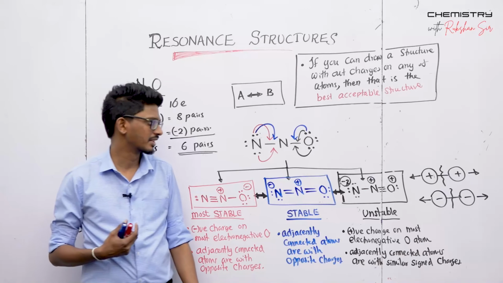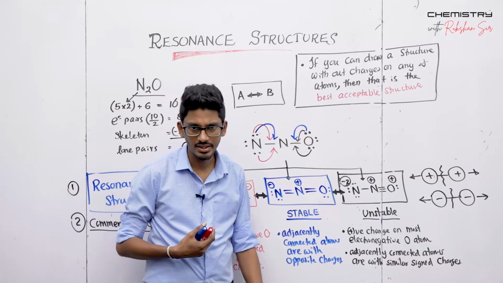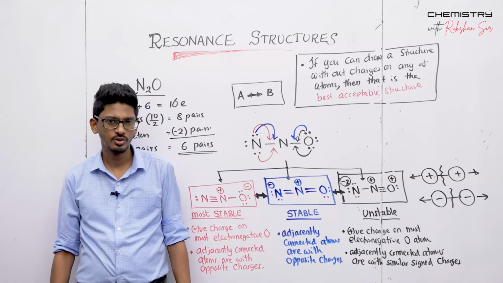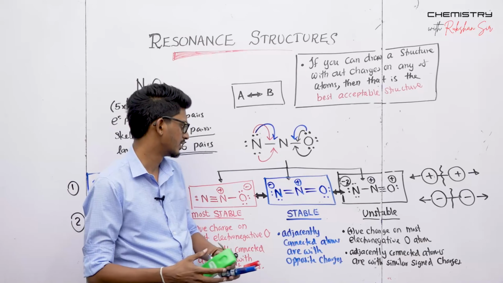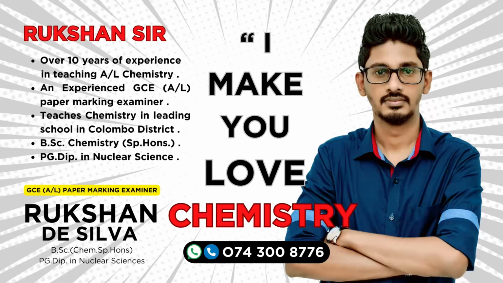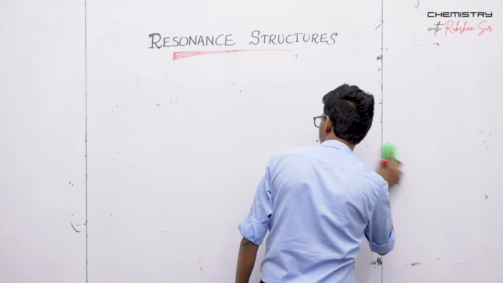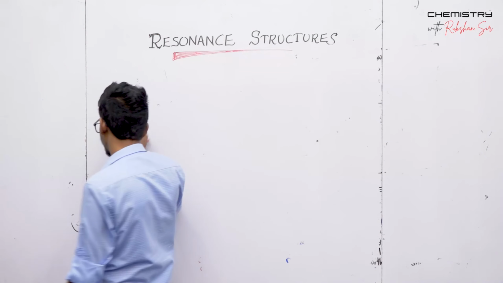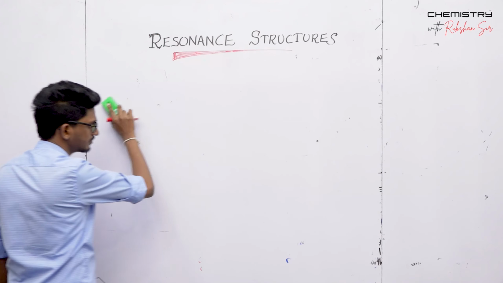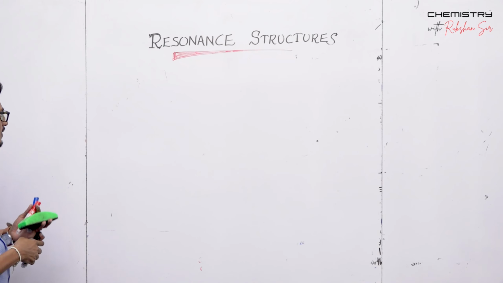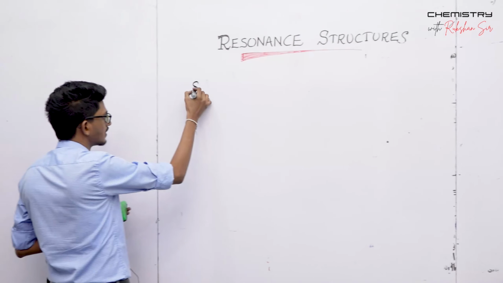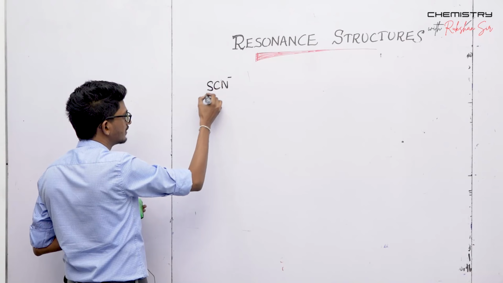With your next example, SCN minus, another good example, let's draw the possible resonance structures. Quickly come up with the electron count as well.